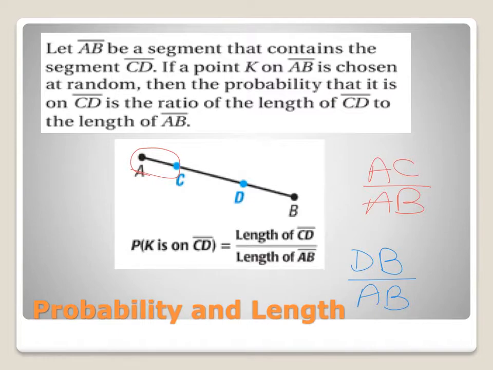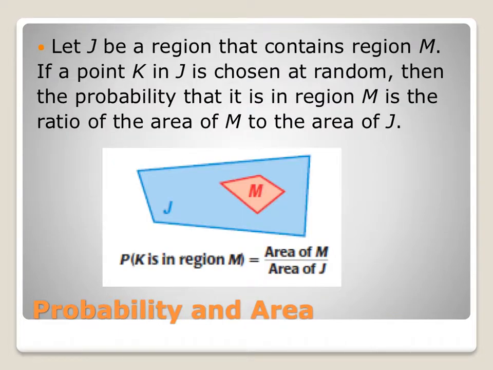All right, let J be a region, so now we're talking about area, that contains another region, so you've got some sort of shape falling within another shape. If a point K, your random point that's picked, what's the probability that it is going to be in area M?